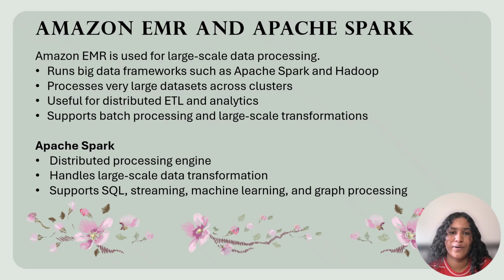One of the key advantages of Amazon EMR is its ability to process very large datasets across clusters of computers. Instead of relying on a single machine, EMR distributes the workload across multiple nodes, enabling faster and more efficient data processing.